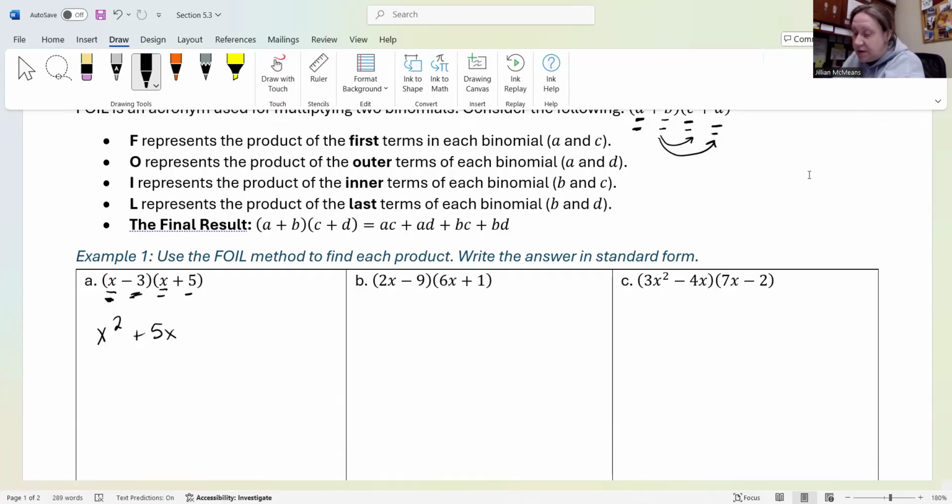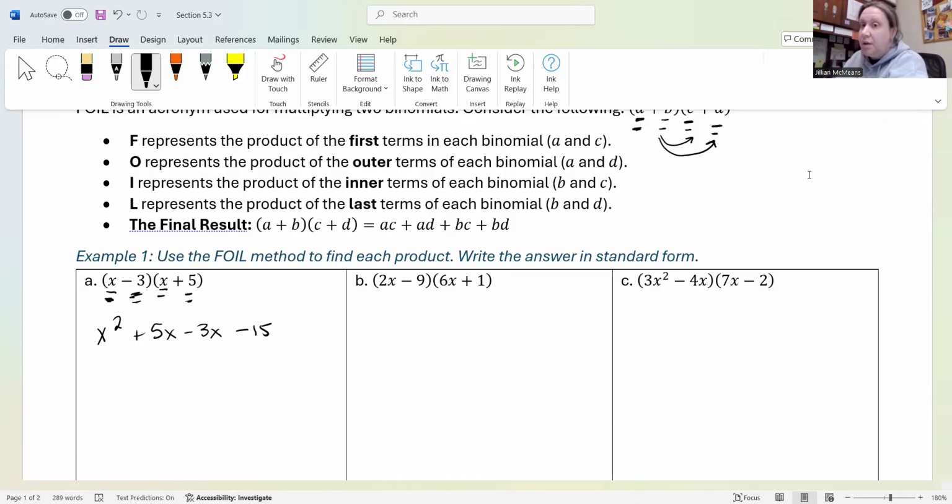So negative 3 times x is minus 3x. And then finally, we're going to look at the last term in each binomial, which is the negative 3 and the 5. So negative 3 times positive 5 is negative 15. All right, so we've done the first terms, the outer terms, the inner terms, the last terms, okay, which essentially is just distribute each term in the first binomial through the second binomial.